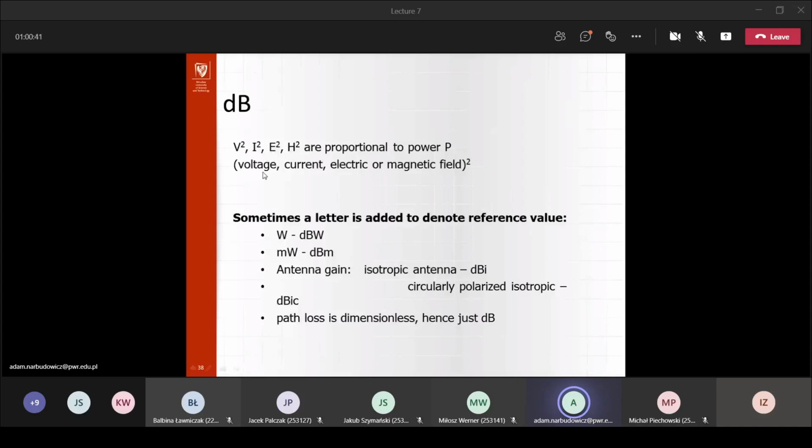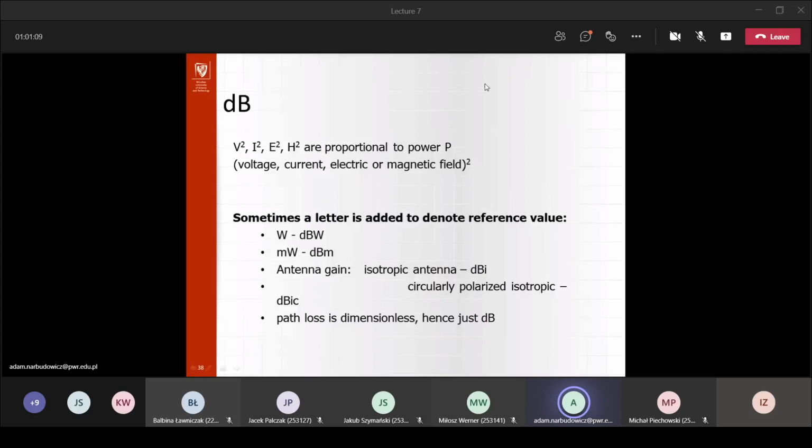For radio signals, we typically operate with electric and magnetic fields rather than voltages and currents. But again, same story. The power of the radio signal is typically proportional to the amplitude of the electric field raised to the power 2, and that principle still holds. Okay.